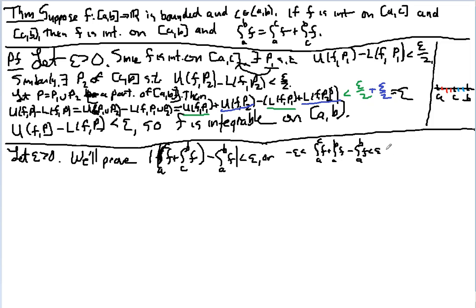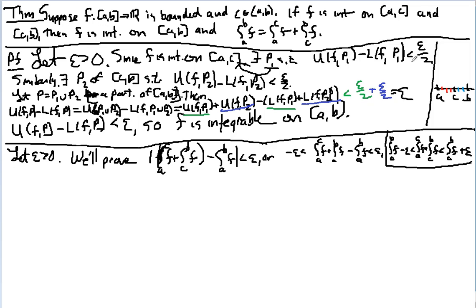Or, put another way, I can add this integral of a to b to both sides, and I get the integral of a to b of f minus epsilon has to be less than the integral from a to c of f plus the integral of c to b of f, which is less than the integral of a to b of f plus epsilon. And this is what I'm actually going to prove.